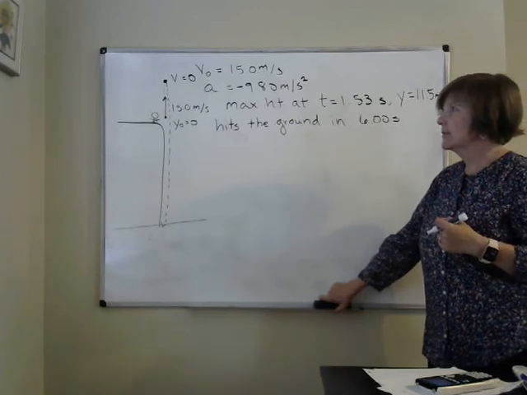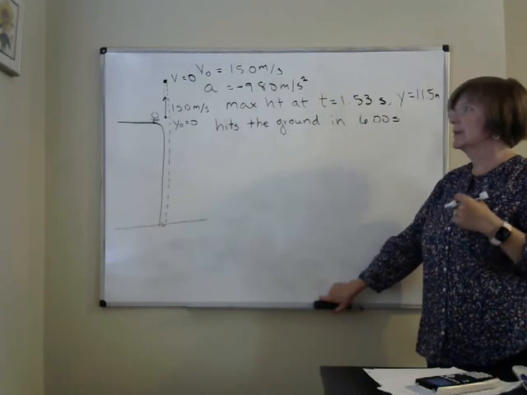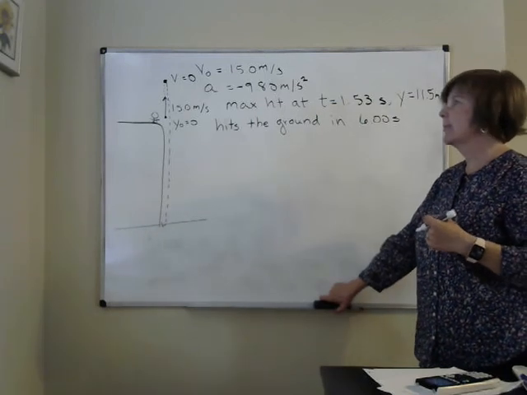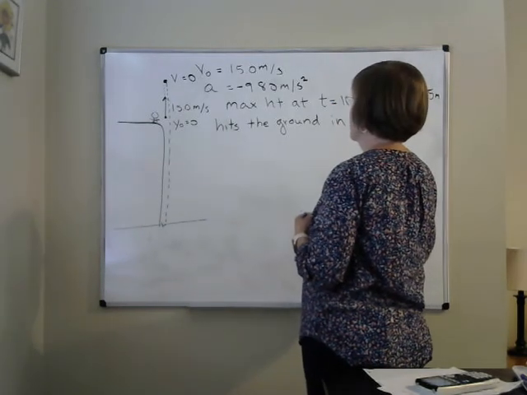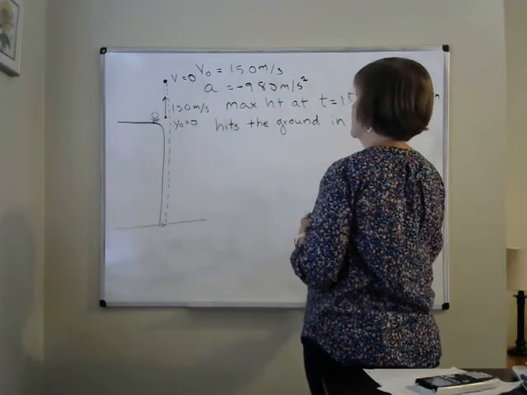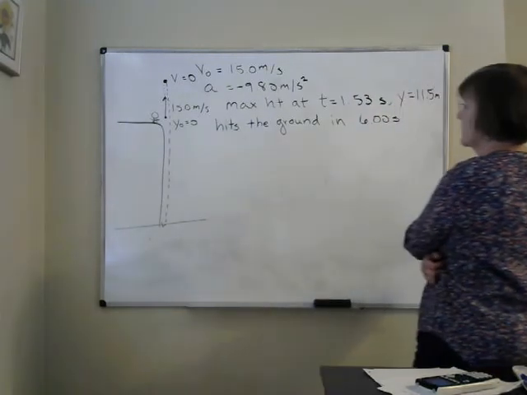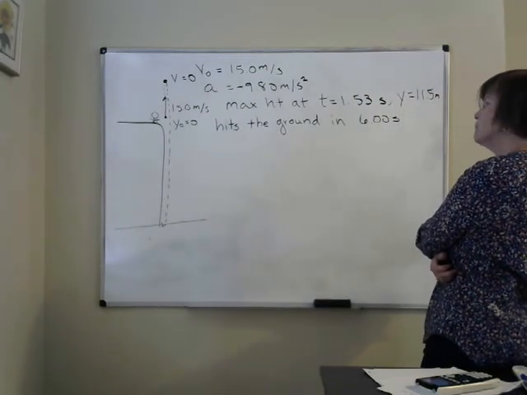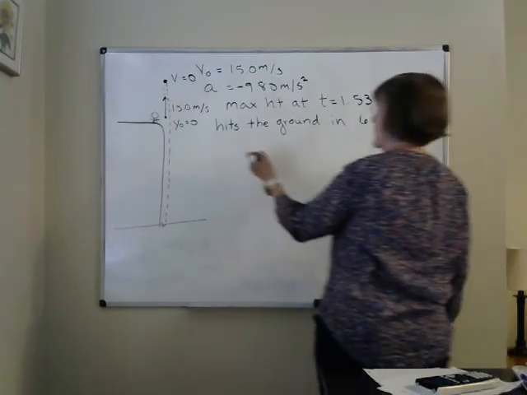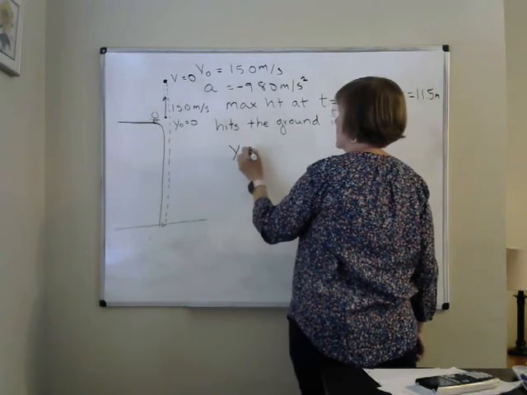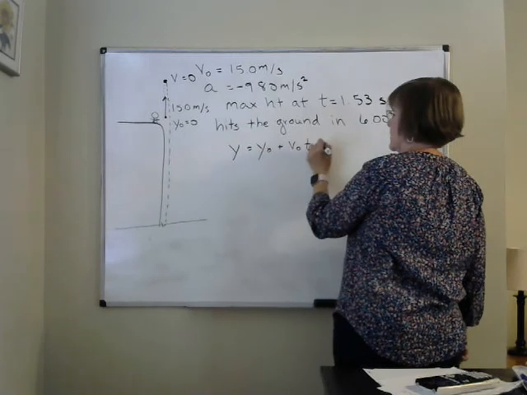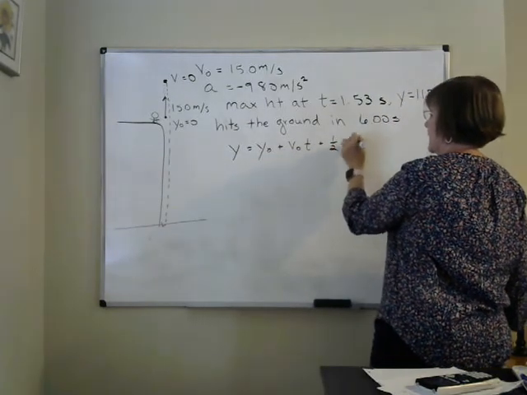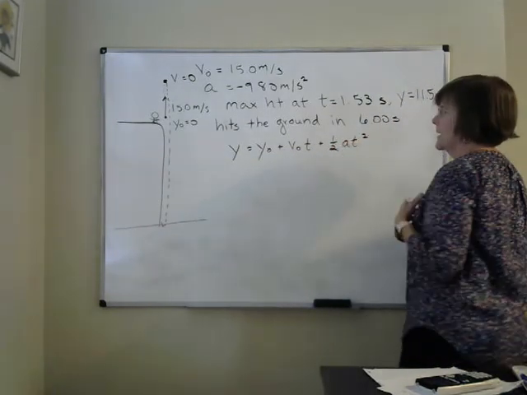If I want to do that, I probably could just look at the second half of the problem. Do I want to look at the second half or the whole problem? Let's just look at the whole problem. y equals y0 plus v0t plus 1/2 at squared.